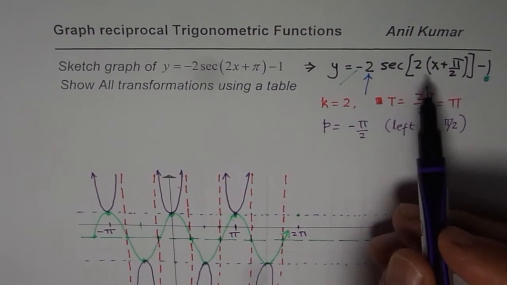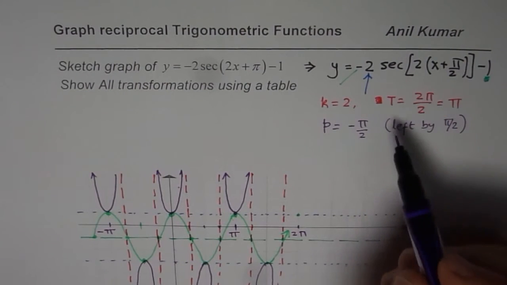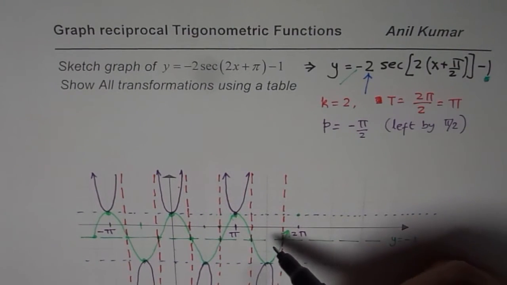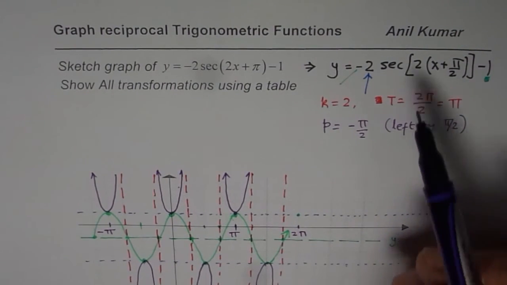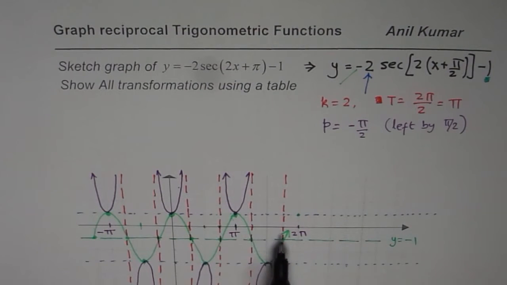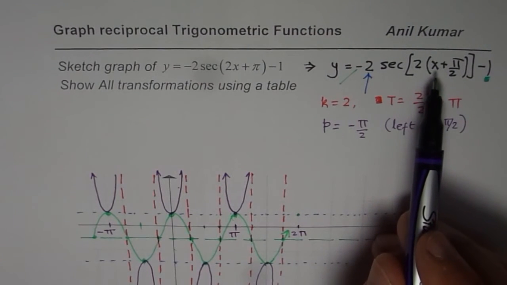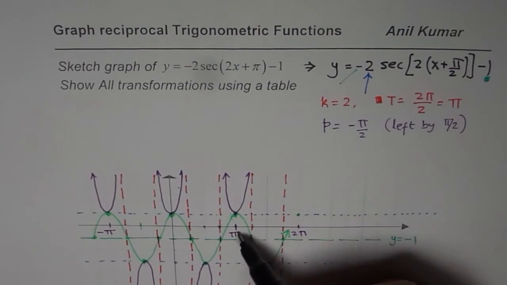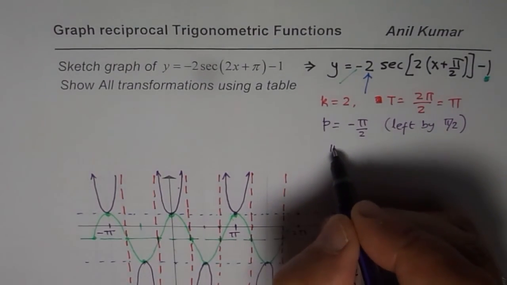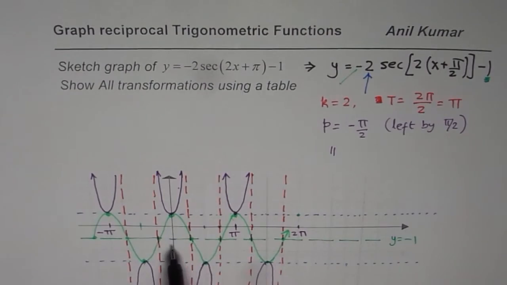To get the exact values, what you could do is make a table of values. I'm not doing that part, but in your graph paper, you can space it out a little bit more. Find the values for, you can start from 0, and then you can see it is symmetric.